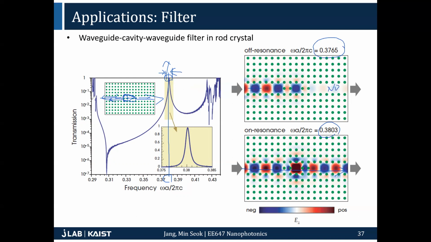And you can see here, this is a log scale, right? So even with a small deviation from the transmission point, you get almost 0 transmittance. So this is just a kind of notch filter. It only allows you to have transmission at a very narrow frequency range.